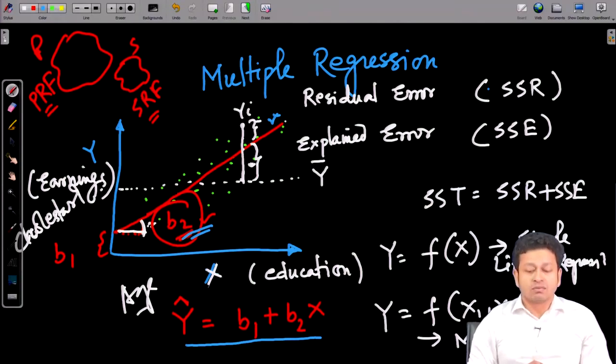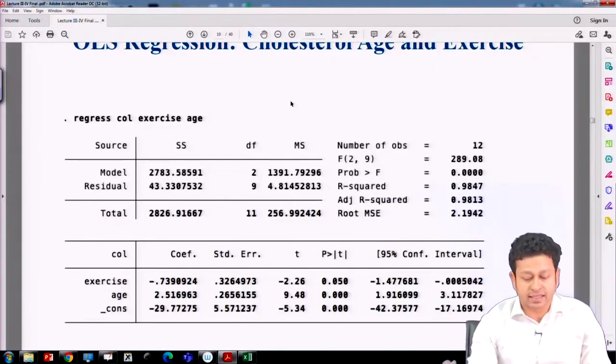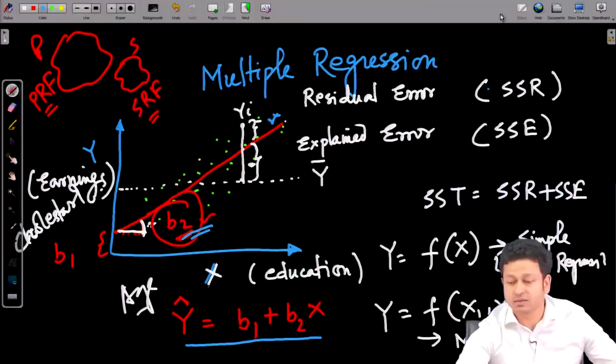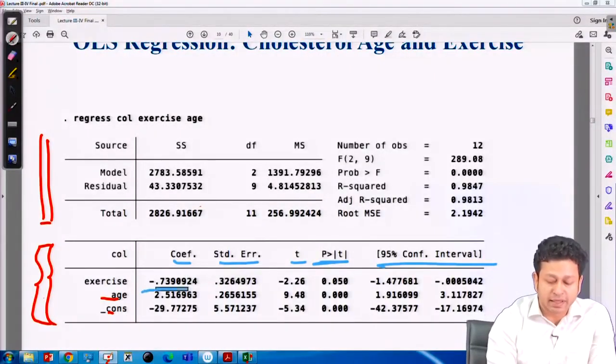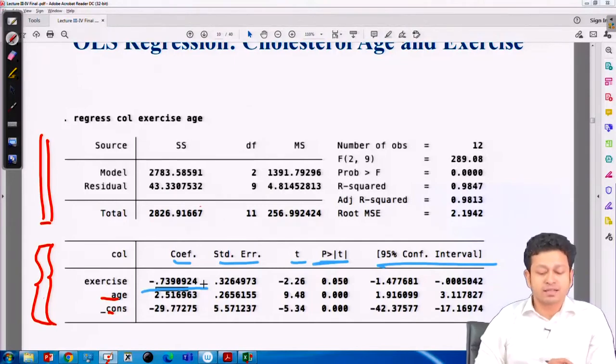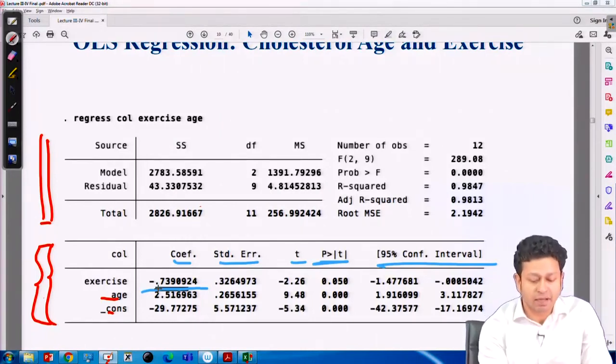If I take exercise here, then per unit increase in exercise, whatever unit I have taken, is going to decrease the cholesterol level by 0.73 unit.